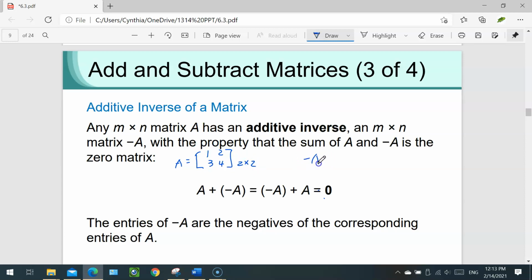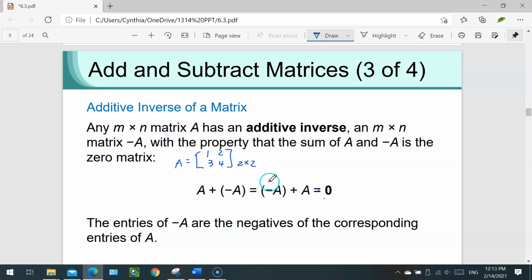The negative matrix A, let me rewrite this one. Okay. So the matrix A is 2 by 2.